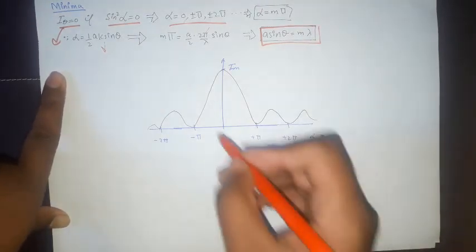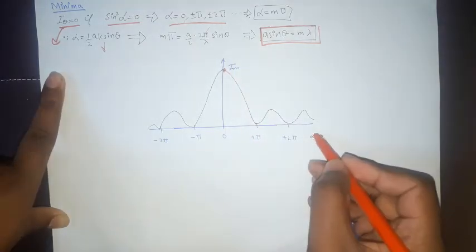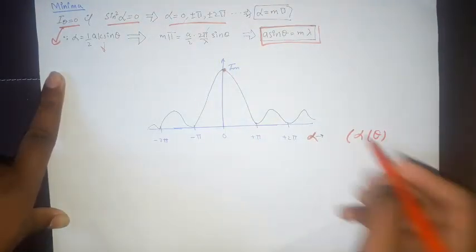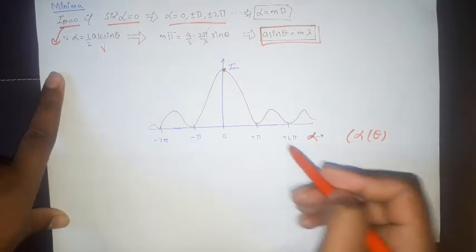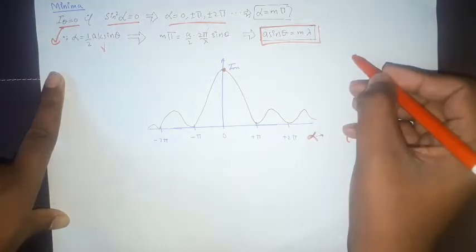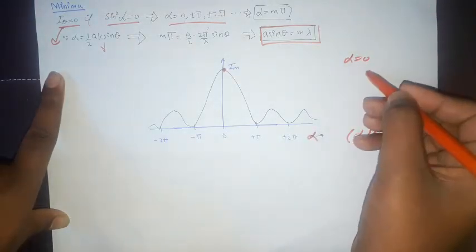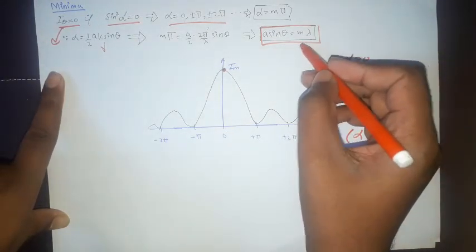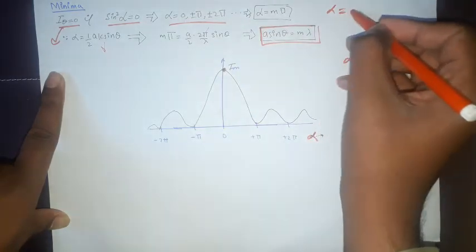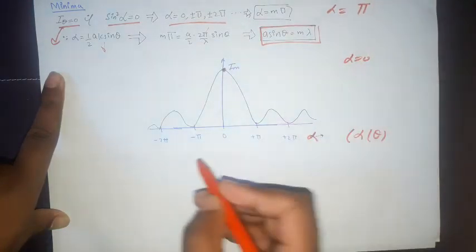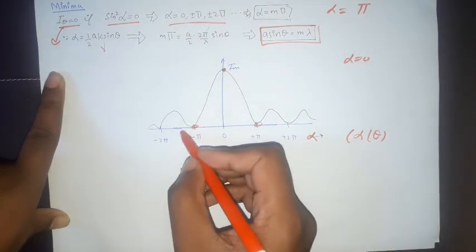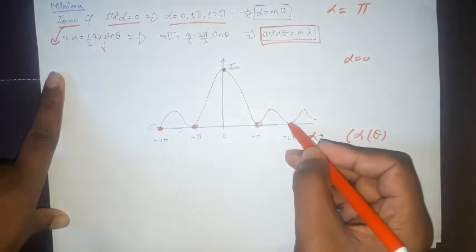Now I can also plot this intensity versus alpha, because alpha is also a function of theta. So we are plotting this intensity against alpha. At the center, when alpha is equal to 0, we have a maximum point, and the first minima occur, from this expression you can see, at alpha equal to plus minus pi. So these are the minimum points, and the next will be minus 2 pi and plus 2 pi.